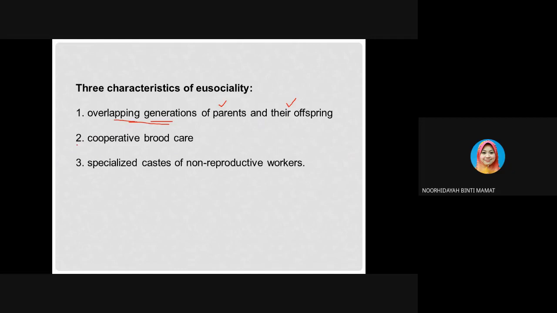The second characteristic of eusociality is cooperative brood care. They cooperate in brood care. And the third one is a specialized caste of non-reproductive workers. Especially in the group Hymenoptera, for example, they have a caste.